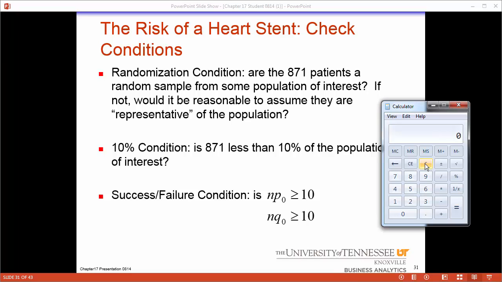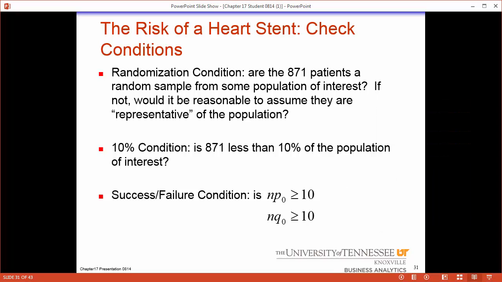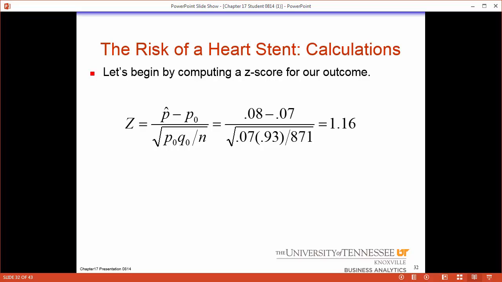So if I do 871 times 0.93, both of these numbers added together would equal 871, and 93% of 871 is much greater than 10. There we go. We have conditions checked. That means the normal model is appropriate. And now we can do some z-scores. If you notice up here at the top, we once again have the difference of 1%.